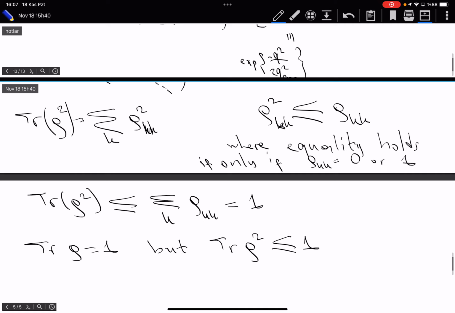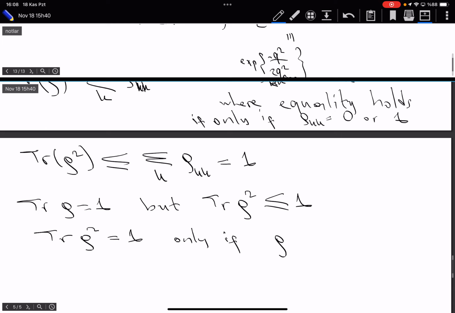Only one of them can be 1, and if one of them is 1, all the rest should be 0. So the trace of rho squared is equal to 1 only if rho can be written as all zeros except for a 1 in the 1,1 entry.